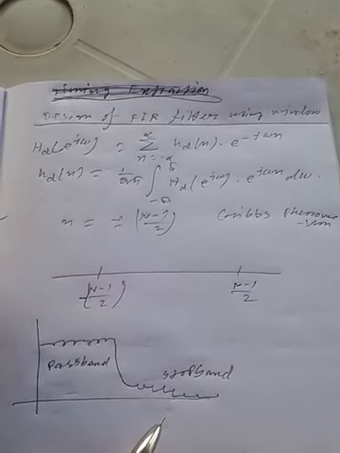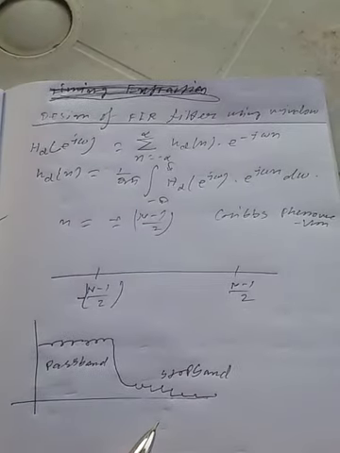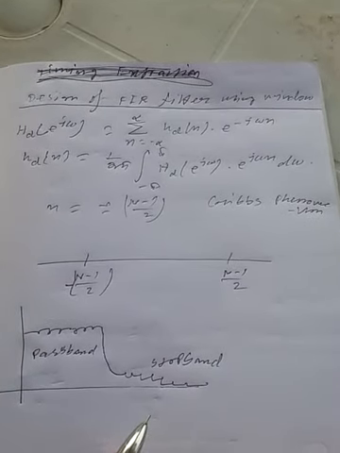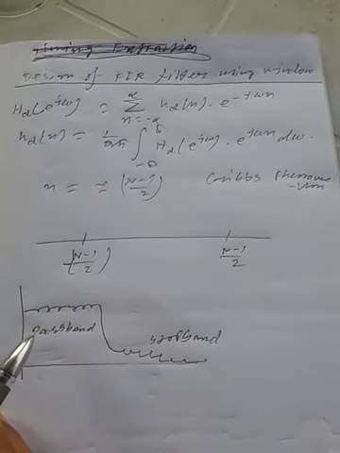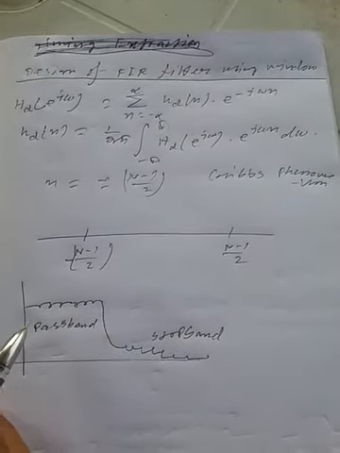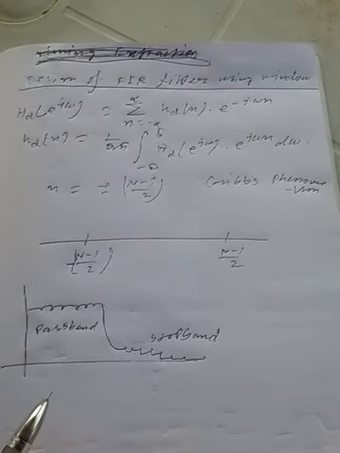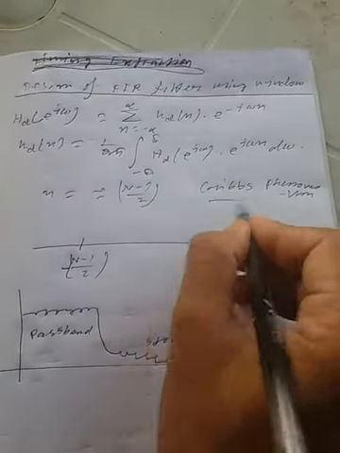Now this oscillation occurs due to the slow convergence of the Fourier series, and this effect of oscillations is known as the Gibbs phenomenon.